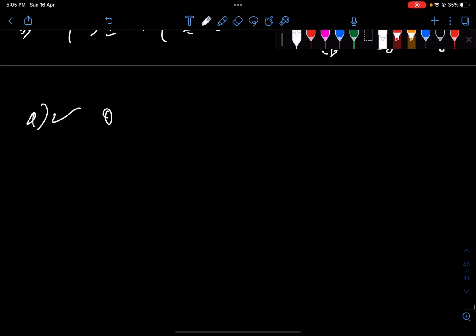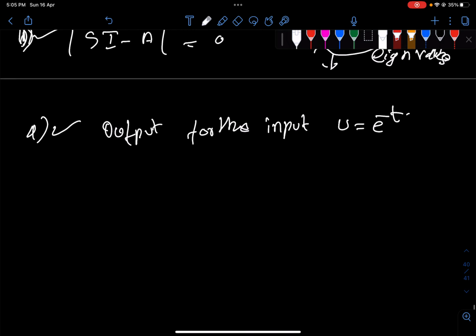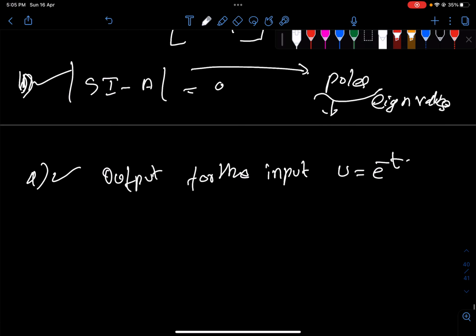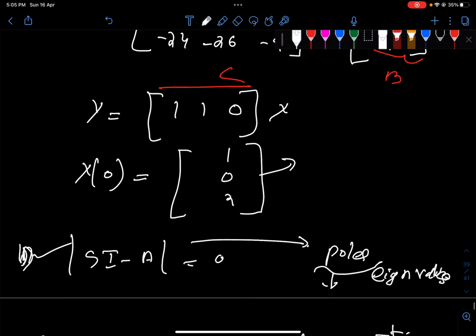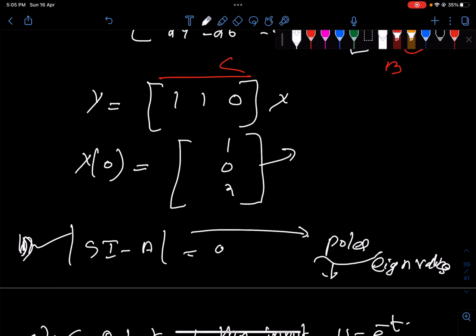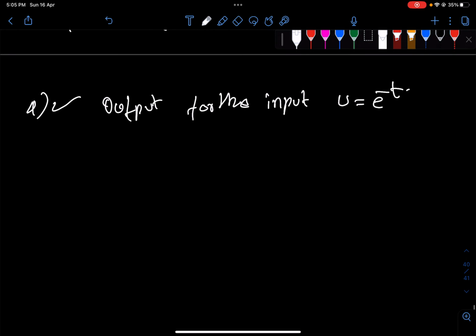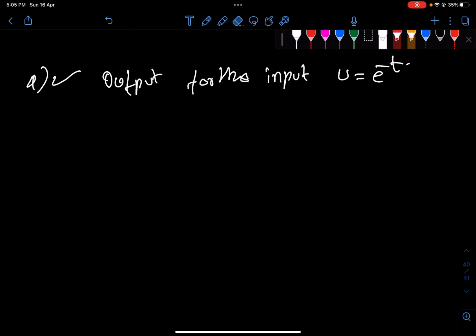You are asked to find the output for the input u equal to e to the power minus t, using the state equation. So what is the transfer function of the system?